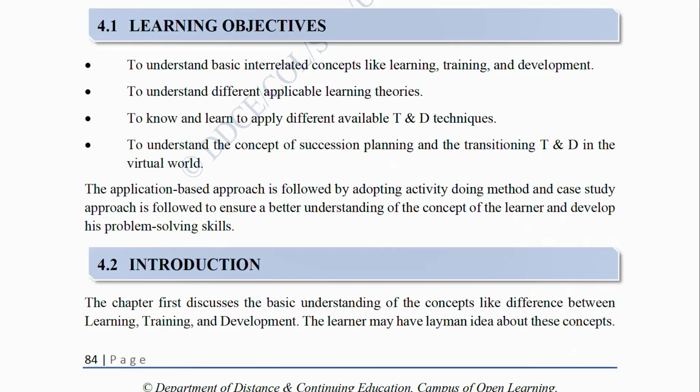The application-based approach is followed by adopting activity, doing method and case study approaches to ensure a better understanding of the concept by the learner and develop his problem-solving skills. 4.2 Introduction.